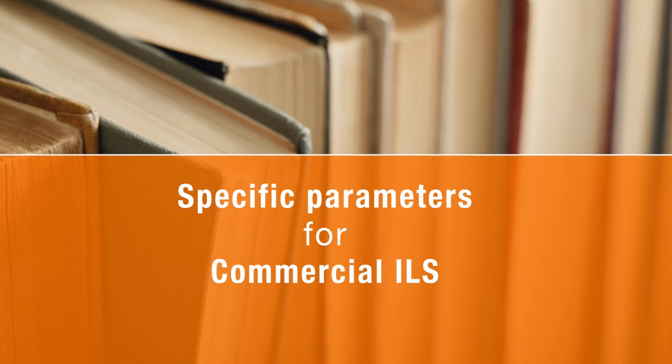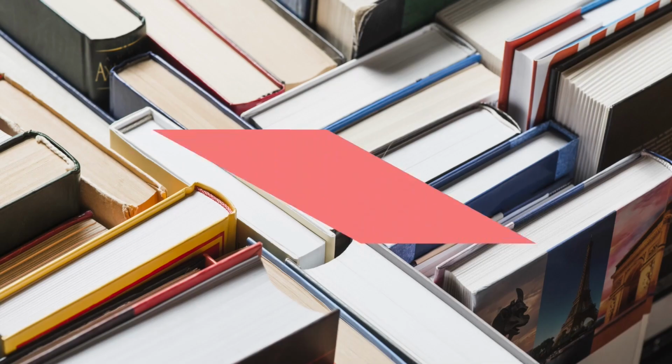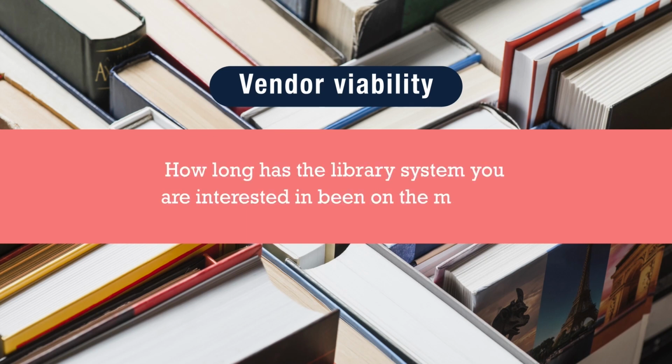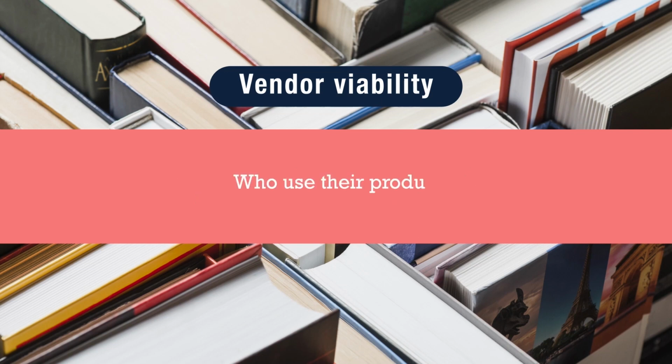But in case of a commercial software, in addition to the foregoing parameters, you need to know the vendor viability: whether the vendor has been in the market for many years, whether the vendor has an international presence, how long the software development has been in the library systems industry, how long the library system you are interested in has been on the market, and who uses their products. All these are important questions to ask to judge the vendor viability.